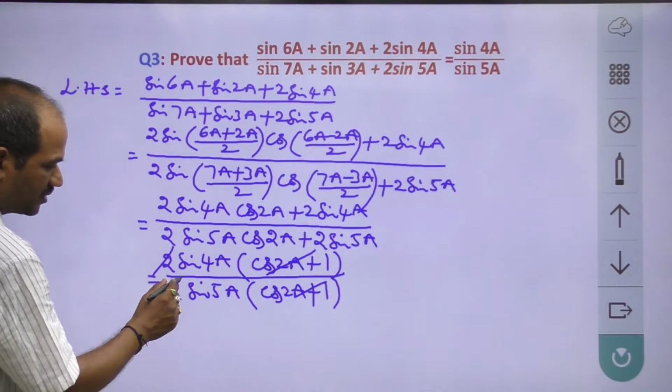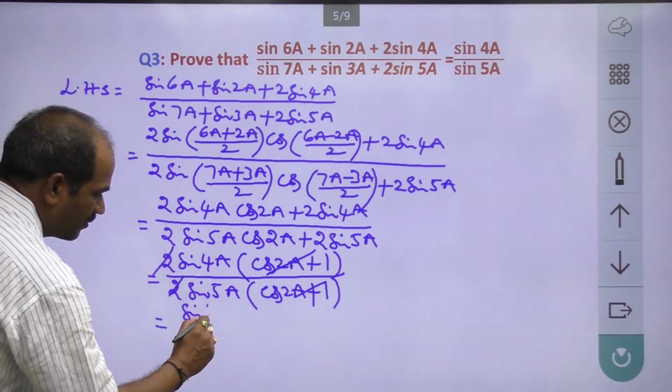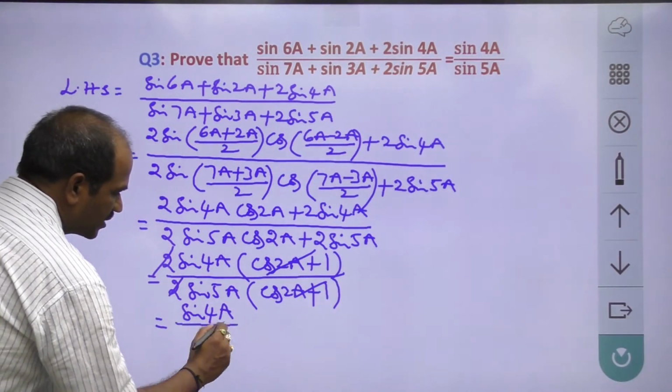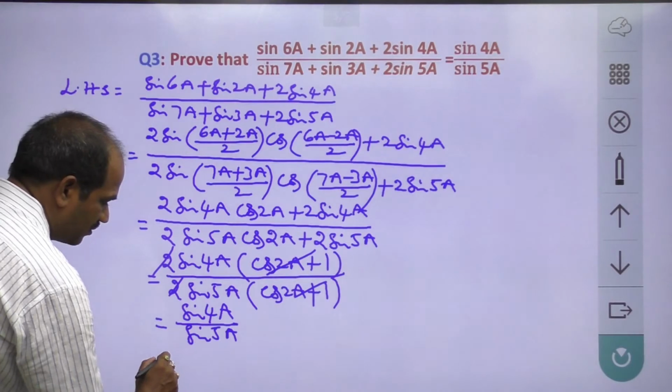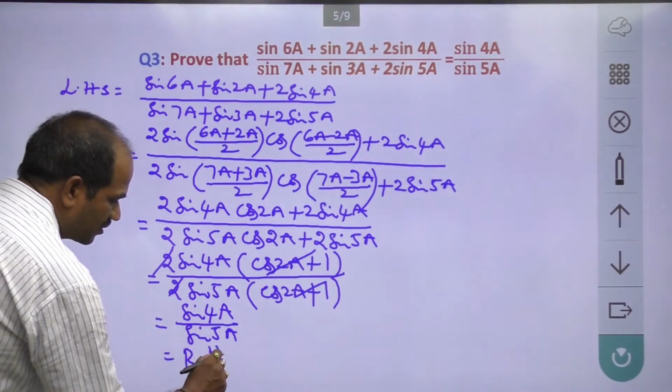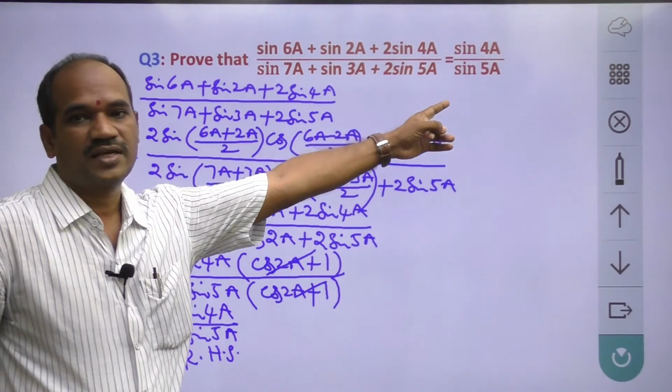Next, the 2 gets cancelled. The remaining value is sine of 4a by sine of 5a, that is equal to the RHS value. So the RHS value is sin 4a by sin 5a.